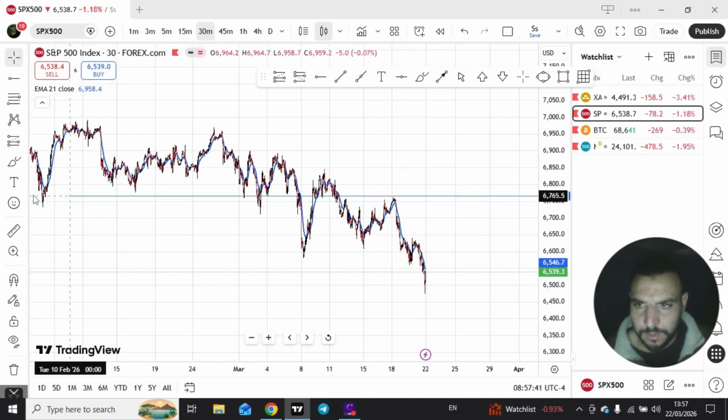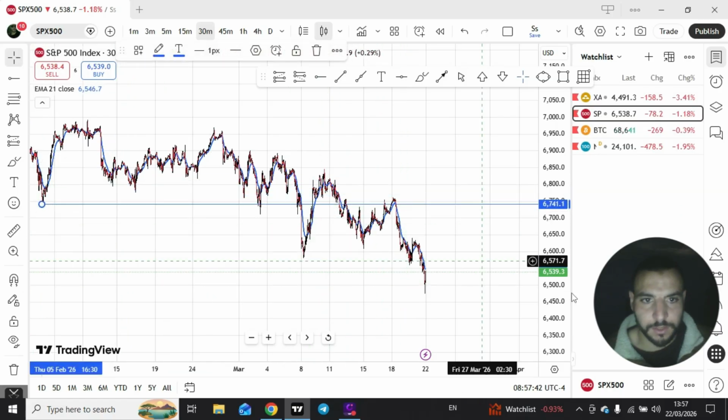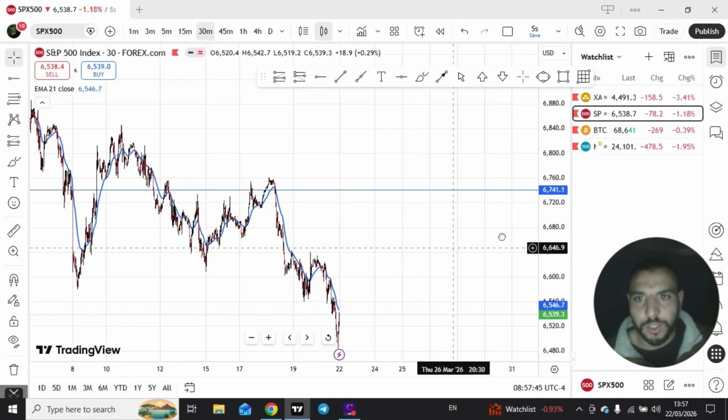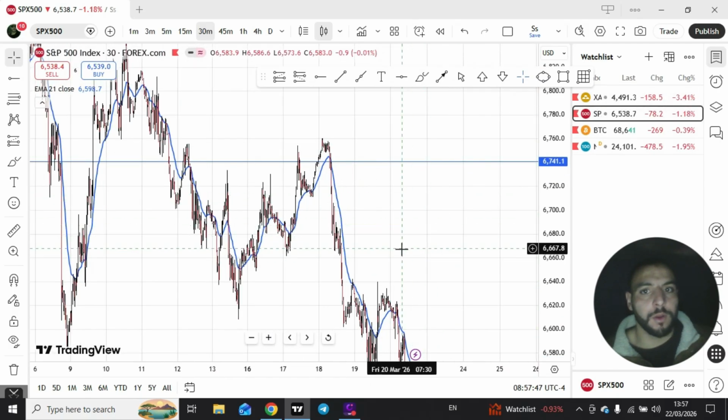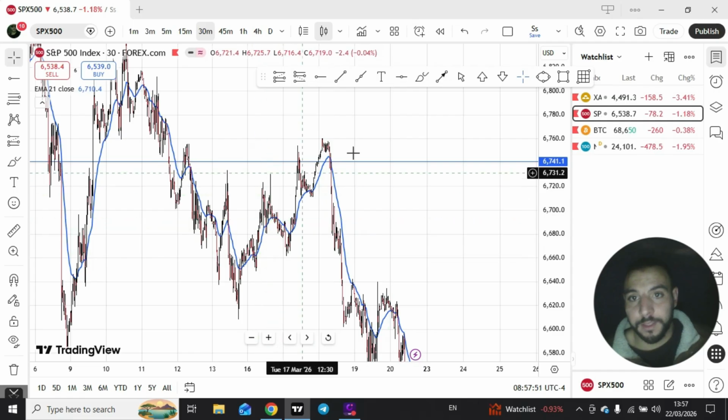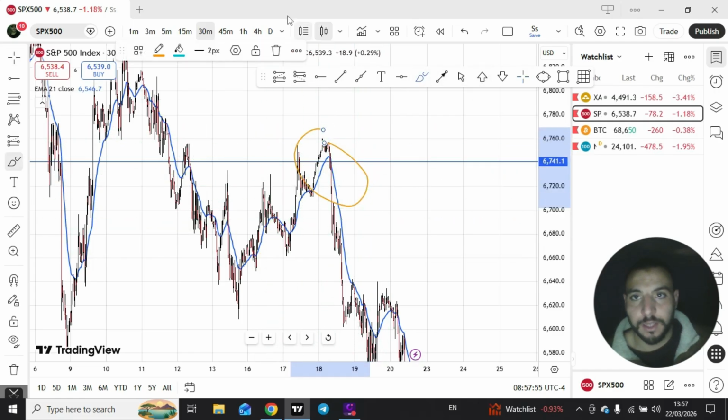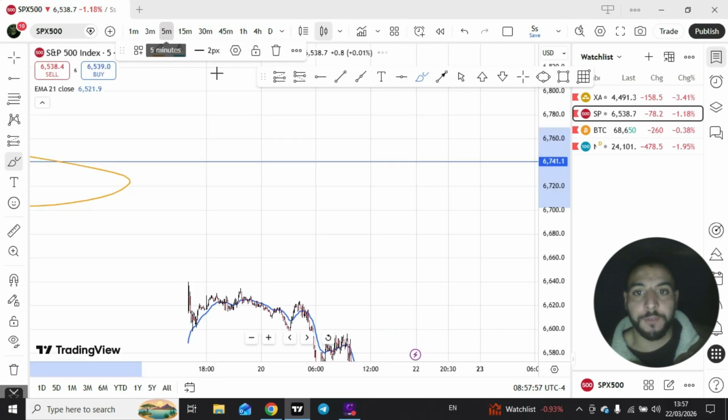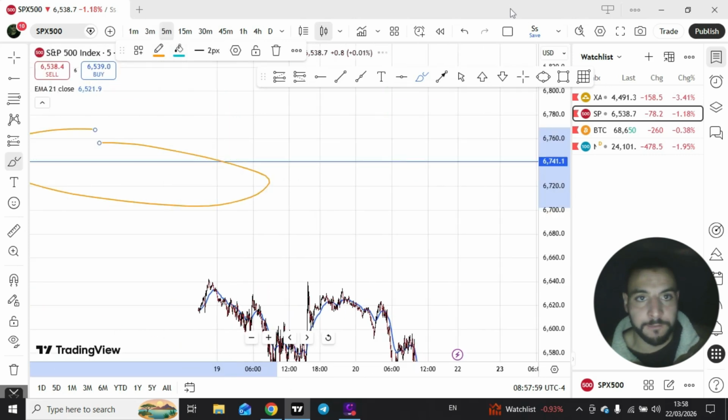Because it's coming from this one, this is a resistance. So if you actually want to go long, you want to buy, this is not a good place to buy, even if the setup is good. Let me zoom in. We might find a failed setup.